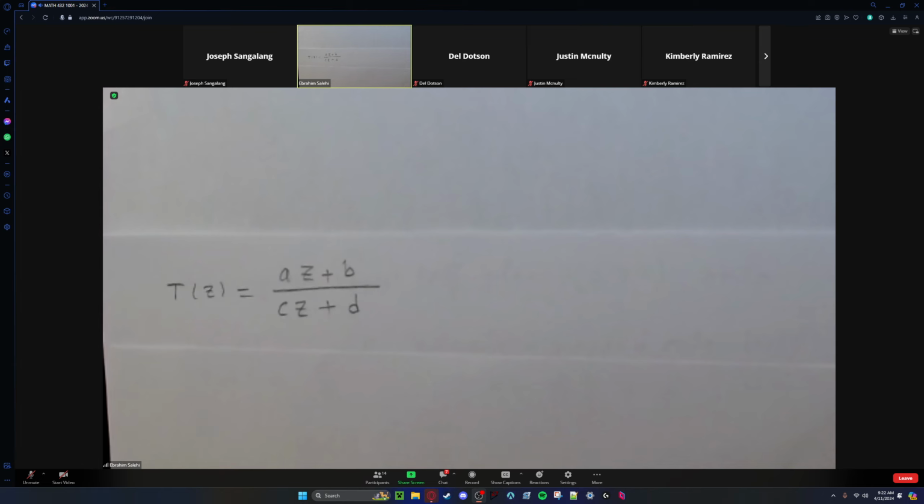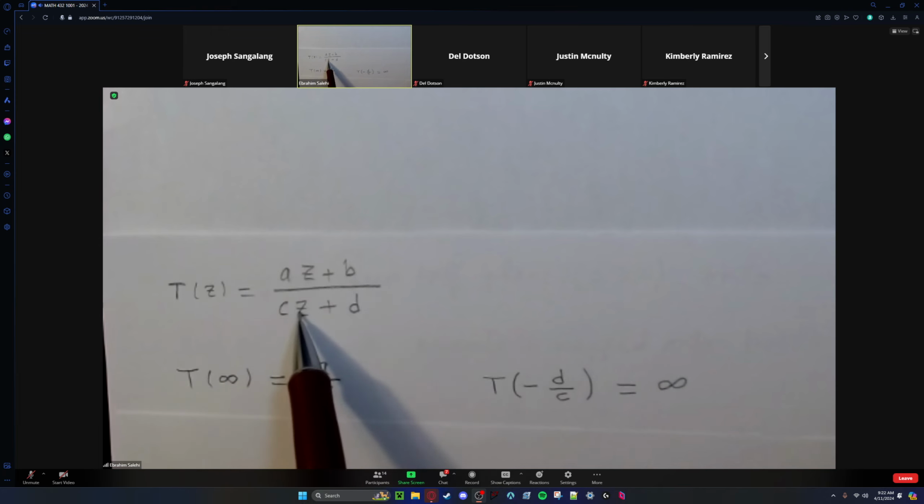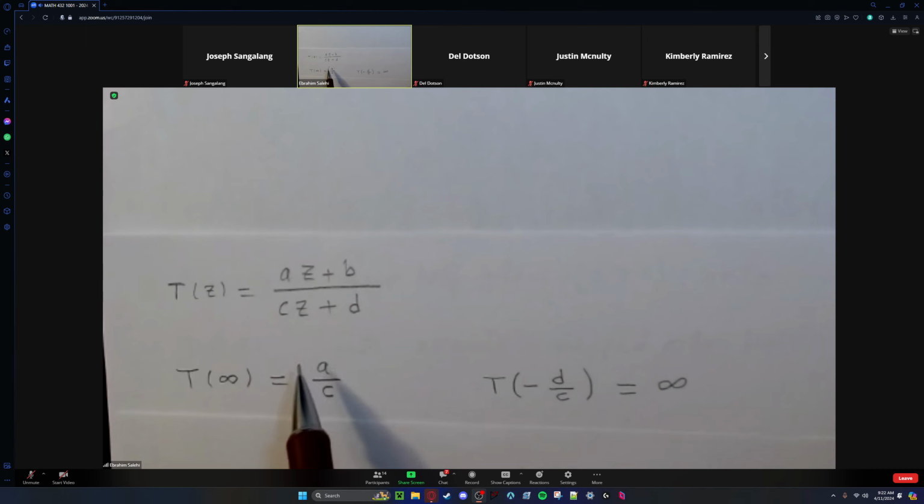Okay? Now, here, if you plug infinity, by which I mean taking limit as z approaches infinity, it's a over c. Right? If denominator be 0, you will have infinity.